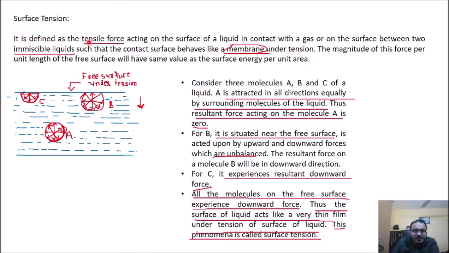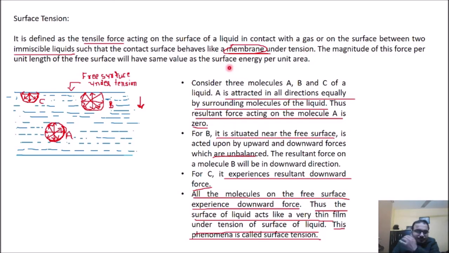It is defined as a tensile force acting on the surface of liquid in contact with the gas or on the surface between two immiscible liquids, such that the contact surface behaves like a membrane under tension.